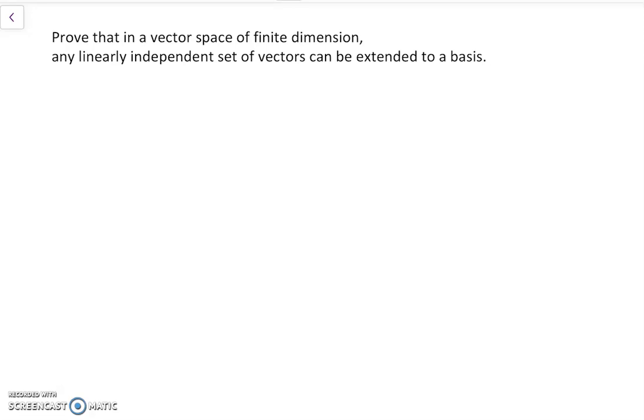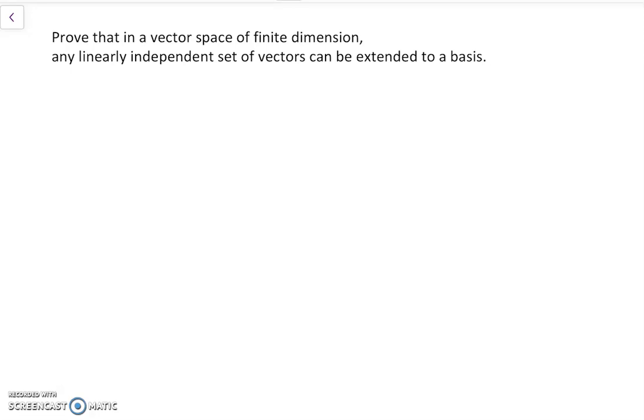Today I'll be proving that if you have a vector space of finite dimension, any linearly independent set of vectors can be extended to a basis by possibly adding more vectors to the linearly independent set.